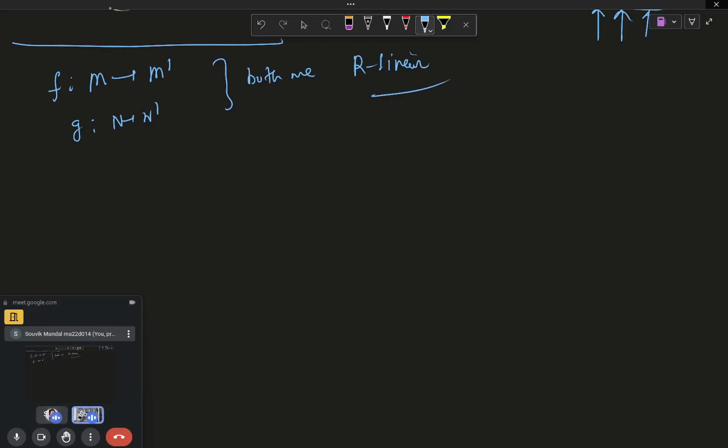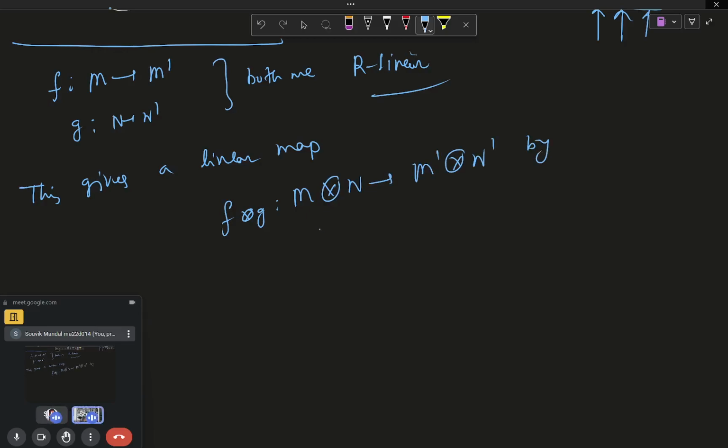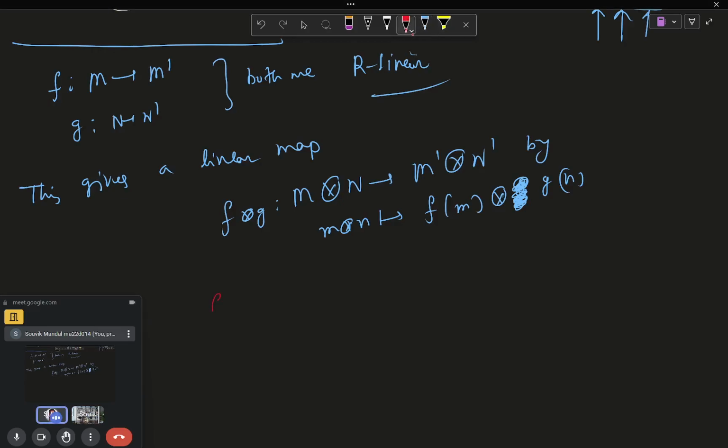This gives a linear map F tensor G from M tensor N to M prime tensor N prime, given by M tensor N goes to F(M) tensor G(N).